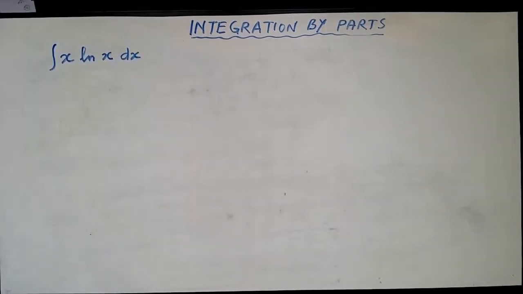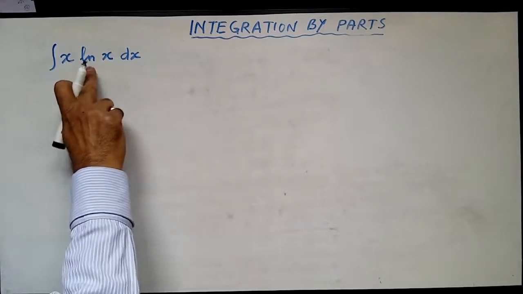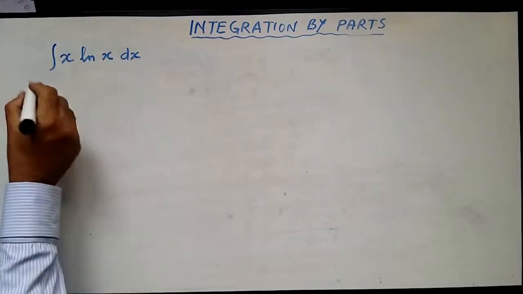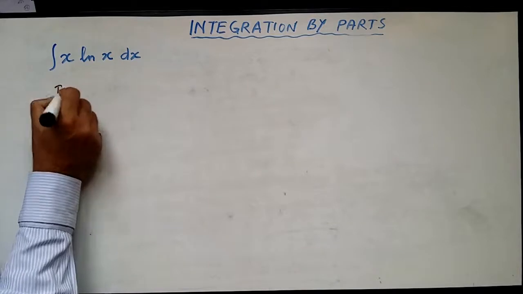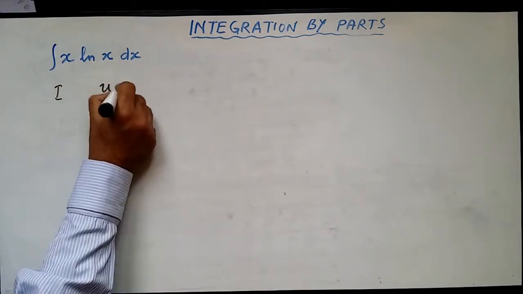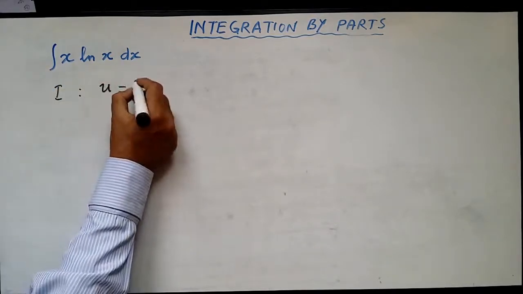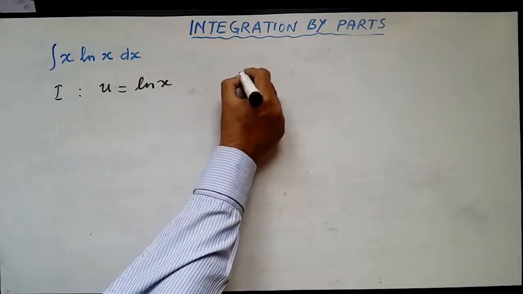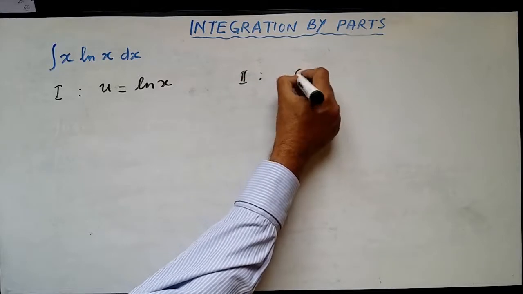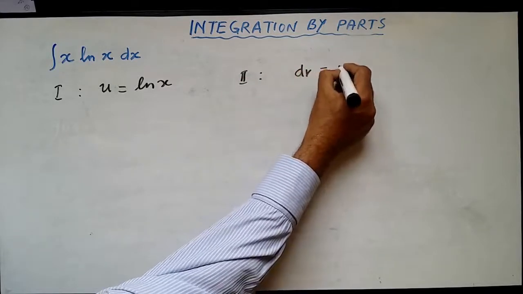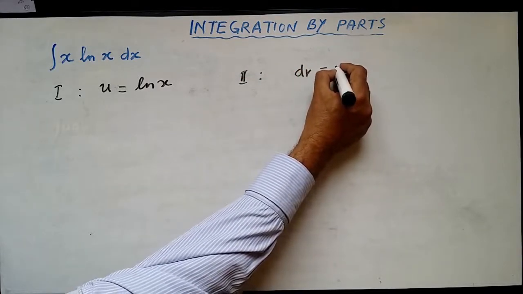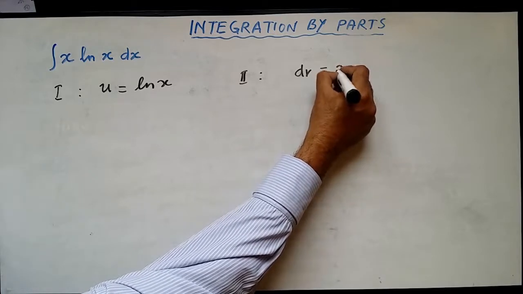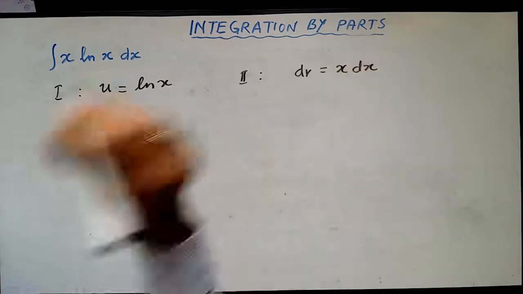Okay, let's take another example: integration of x ln of x dx. Again we will take the first part as u is equal to ln of x, and the second part as dv is equal to x dx.